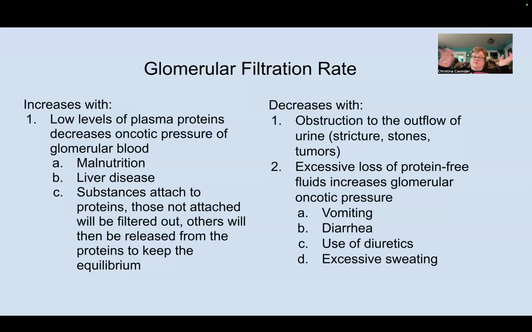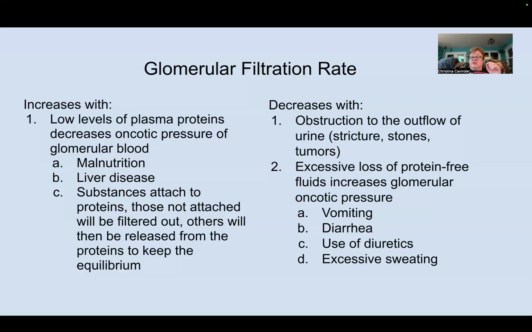And as those things are removed out, water follows it. I hope that's clear. Now the filtration rate will decrease, so this is decreasing the amount filtered out of the bloodstream or the glomeruli, and that decreases with an obstruction to the outflow of urine.